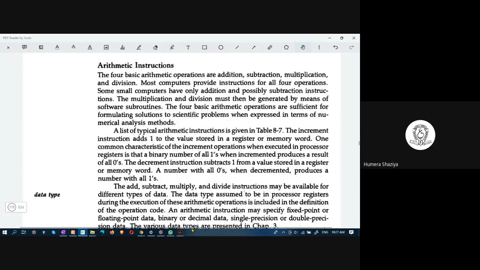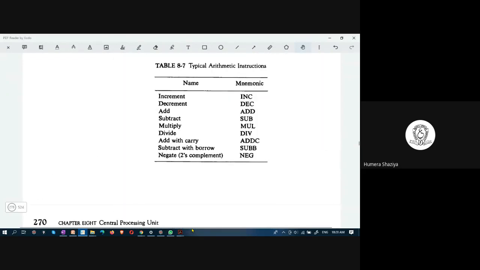Arithmetic instructions. The four basic arithmetic operations are addition, subtraction, multiplication, and division. Most computers provide instructions for all these four operations. The table listing arithmetic instructions: increment operation denoted by INC. This is the mnemonic, the symbol assigned to the operation that can be used in assembly language programs.